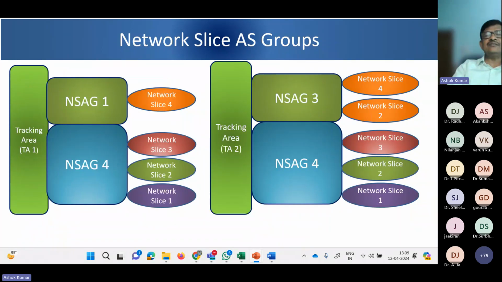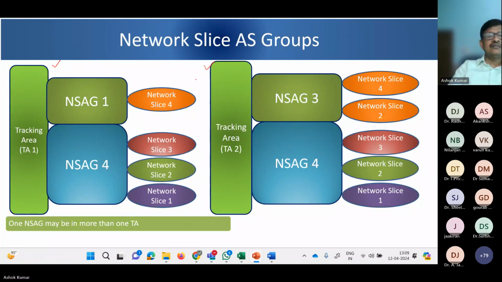Now, the next concept: suppose I now have 2 tracking areas, multiple tracking areas would be there. What I'm trying to say is that one group may be present in multiple tracking areas. For example, here group 4 is in tracking area 1, and this group 4 is also in tracking area 2.